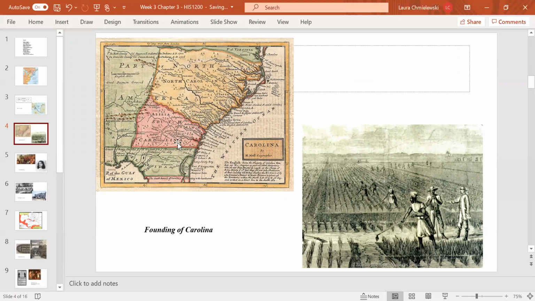Slaves are going to be forced to bring in rice crops. One of the other characteristics specifically of South Carolina is that the people who migrate to this region, who have come from the Caribbean, bring an especially physically brutal form of slavery to South Carolina with them, which will explain a lot when we look at South Carolina's history in the American Civil War.